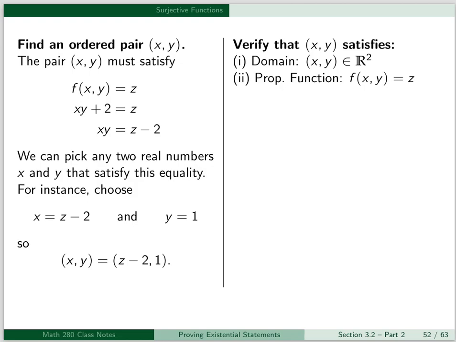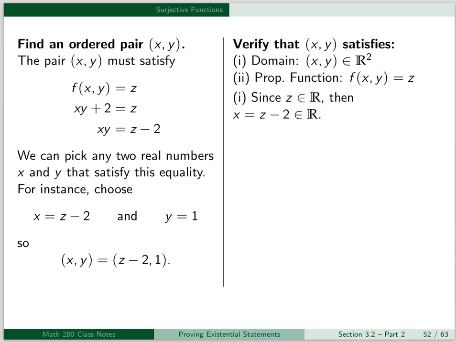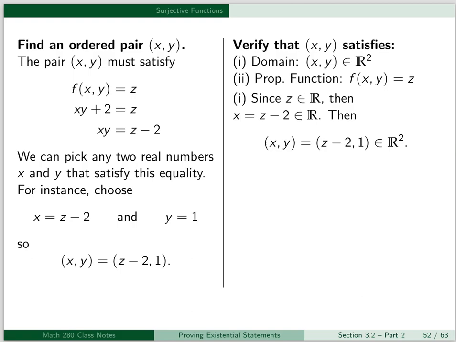So we now have our ordered pair, and we're ready to move over into the right-hand column and do our verification. And we can say that since z is in R, then x equals z minus 2 is in R. Then our ordered pair xy, which is z minus 2, 1, is going to be in R squared.